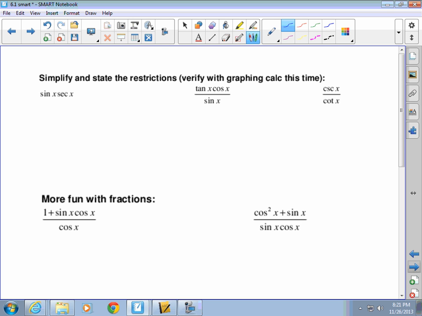Okay, so this one says simplify and state the restrictions, verify with a graphing calculator this time. Okay, so we're going to do the same thing. You always want to write them in terms of sine and cos, so this is the same as saying sin x times 1 over cos x. So sin x over cos x is the same.